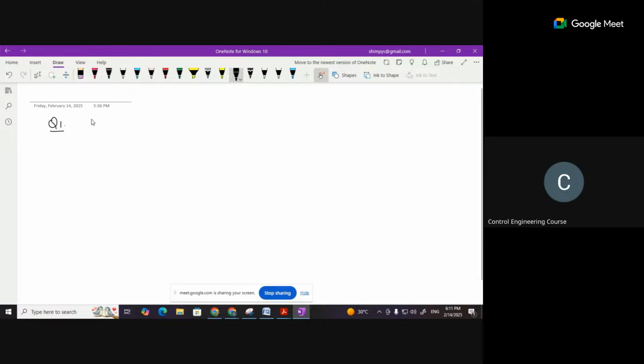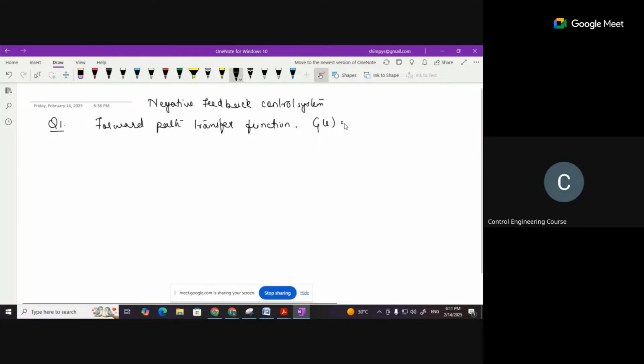And the forward path transfer function of a negative feedback control system is given as G of S equals K S by S plus 1.